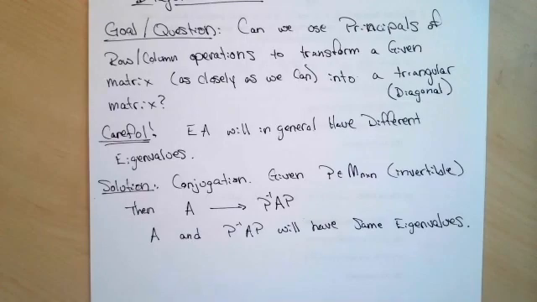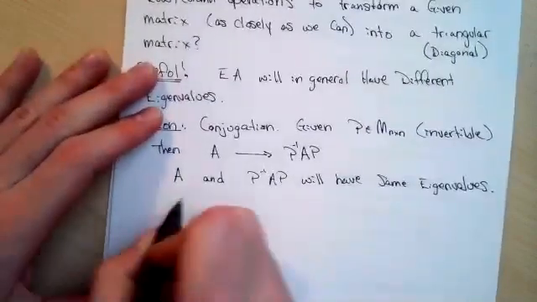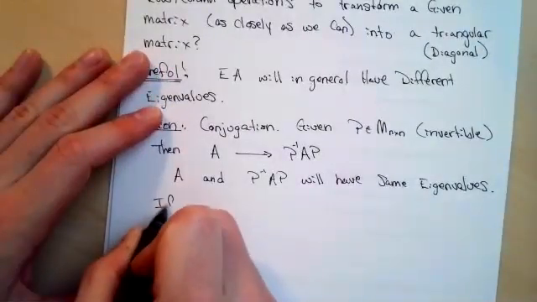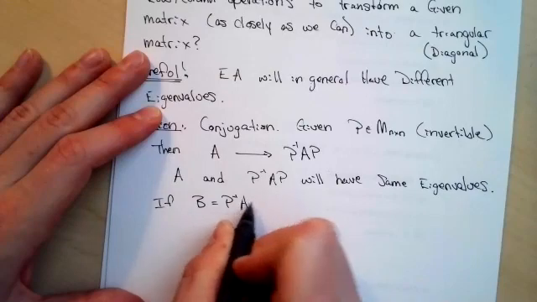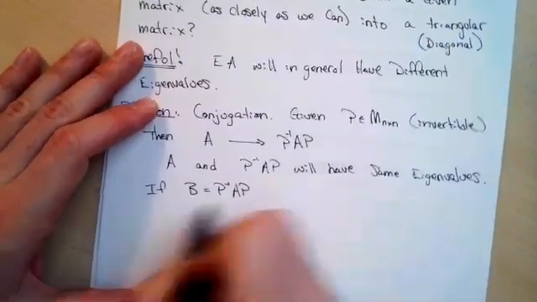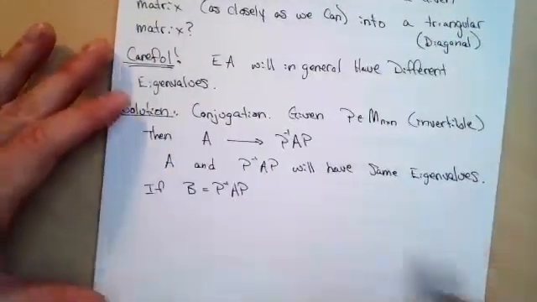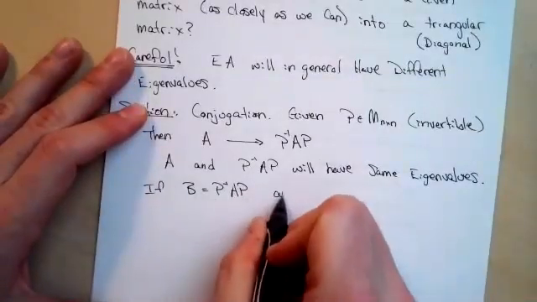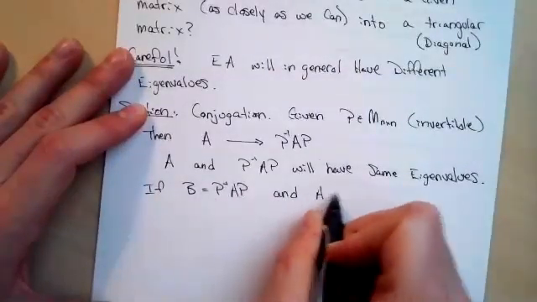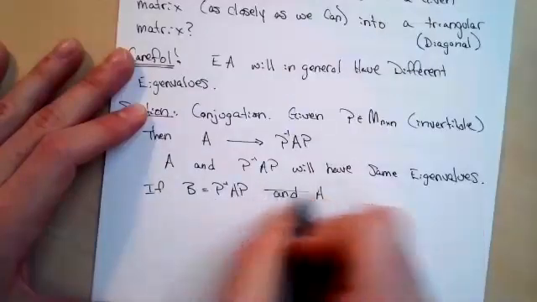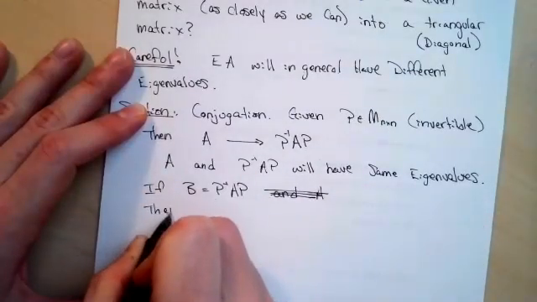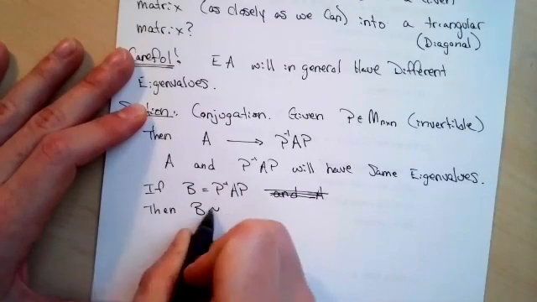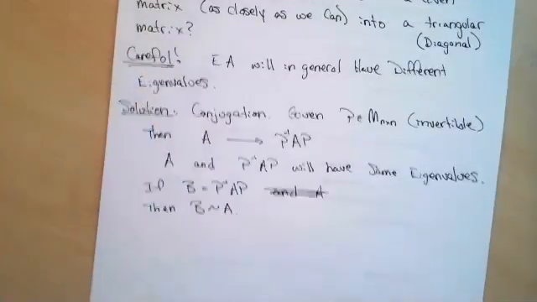We also called this similarity. If we give a name, let's call it B, this conjugated matrix, A conjugated by P, then if B is equal to that, we say B is similar to A.